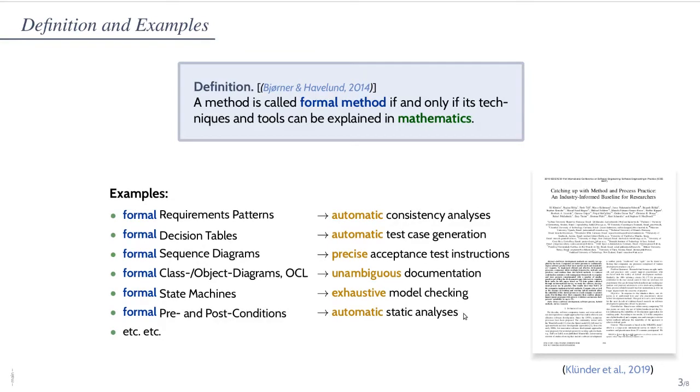Interestingly, a recent survey by Klünder and others published at SEIP 2019 has found that today only a minority, 243 out of 604 responses who know the practice of formal specifications, stated that they are never used. So only 240 of about 600 say formal methods are never used.